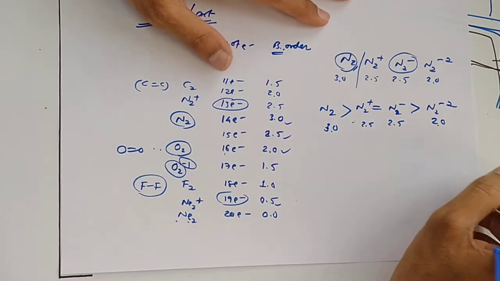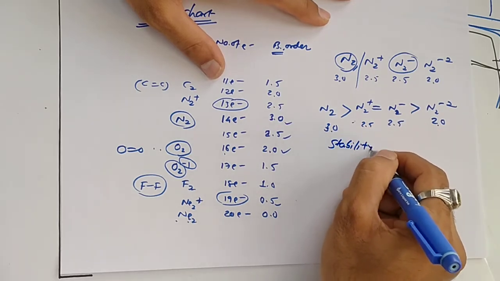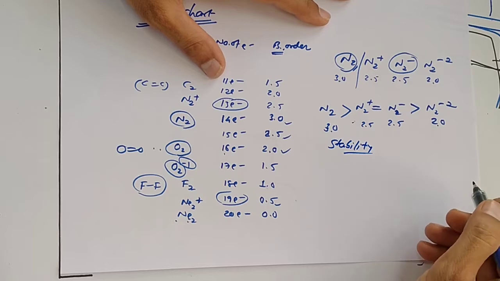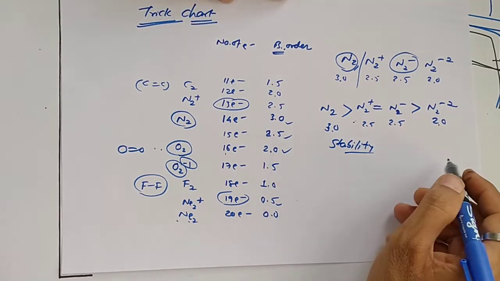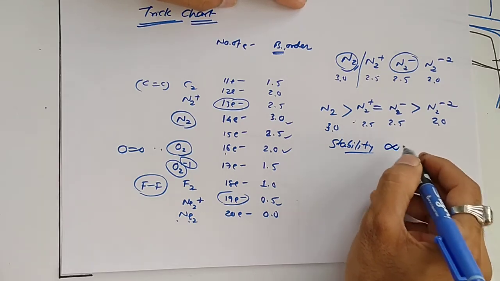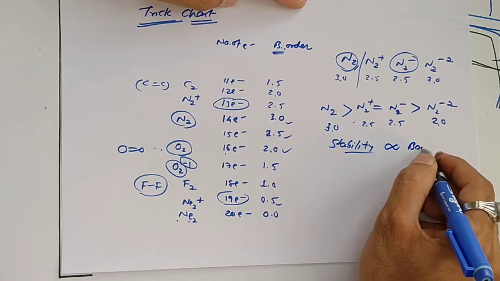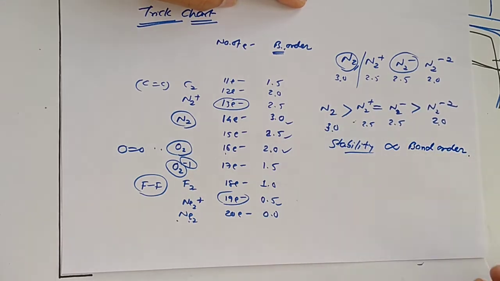Now what about stability? Which one is more stable? Yes, this is the main question. Stability is directly proportional to the bond order. As the number of bonds increases, stability increases.